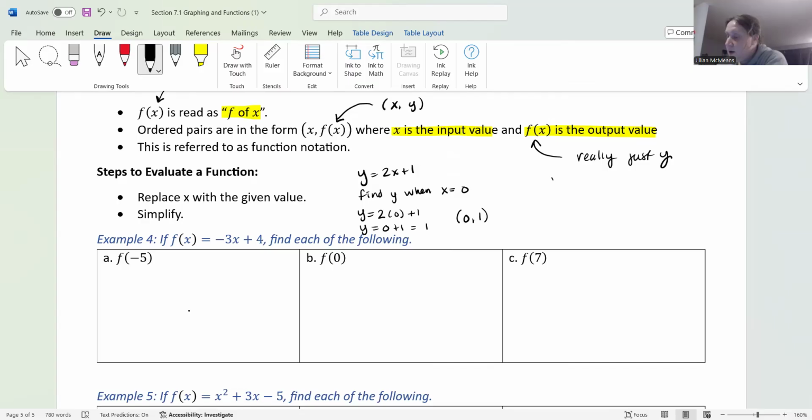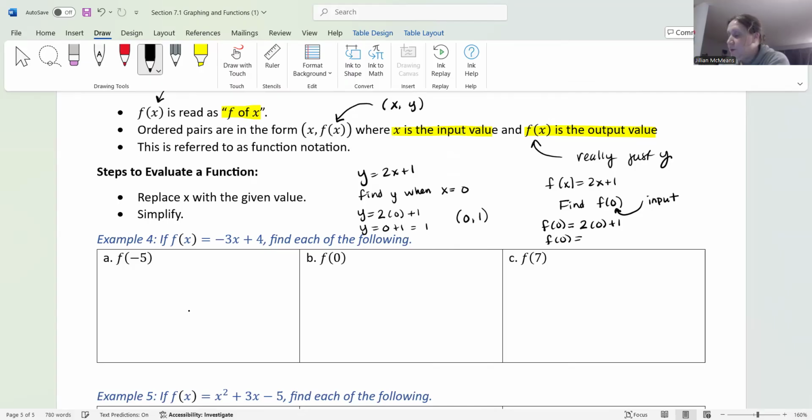Well, now when we're in this world of functions, if we have f of x equals 2x plus 1, I can ask you to find y when x is 0, but all I would ask you to do is find f of 0. Okay, this is the same thing as saying find y when x is 0. This is your input, which is really the x value, and then whatever we get becomes our output. So we would say, well, f of 0 equals 2 times 0 plus 1.